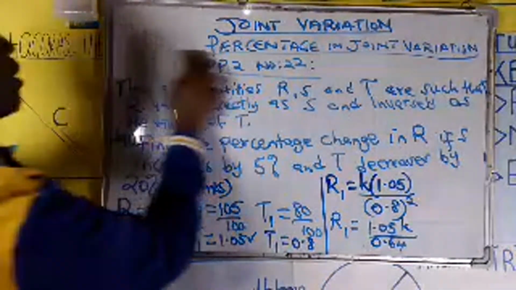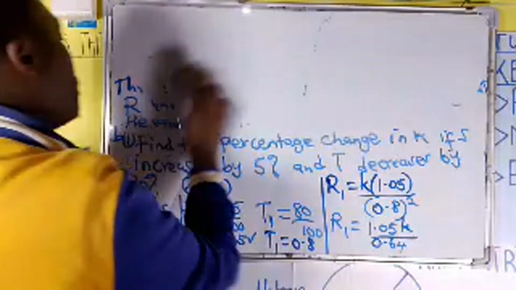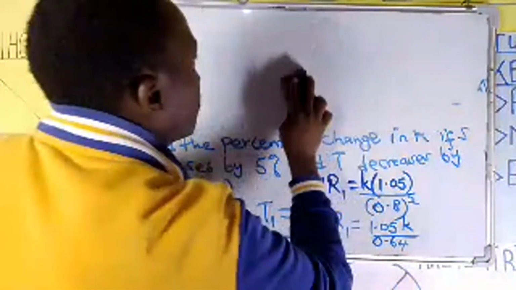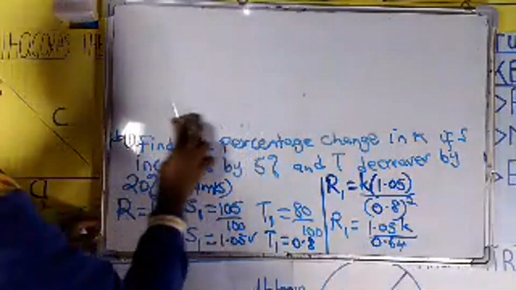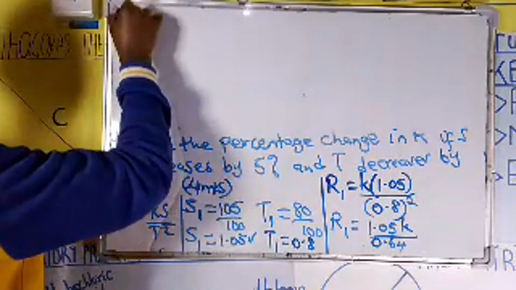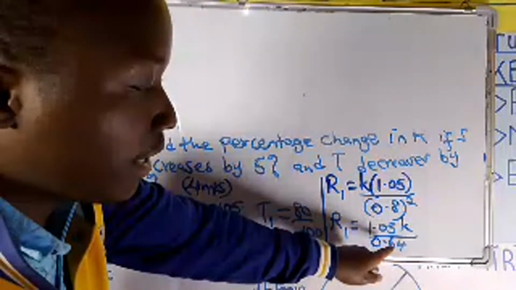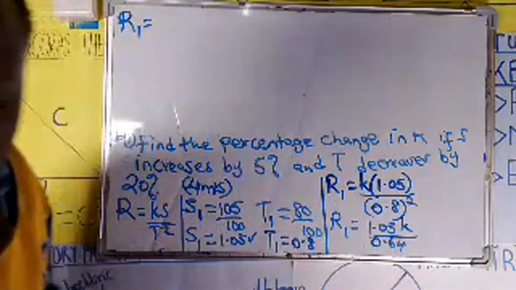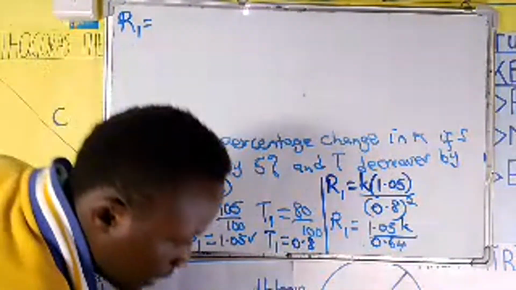And if you take a calculator and divide that out, you will get R equal to, what is 1.05 divided by 0.64? 1.05 divided by 0.64.